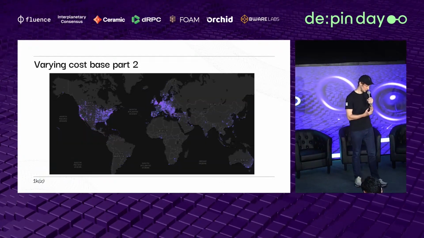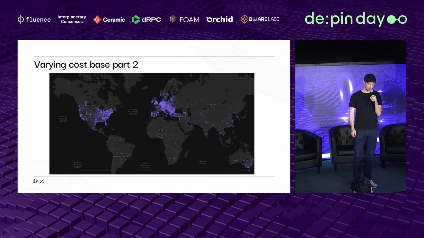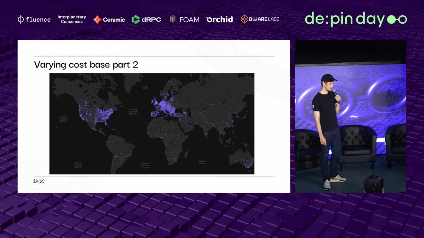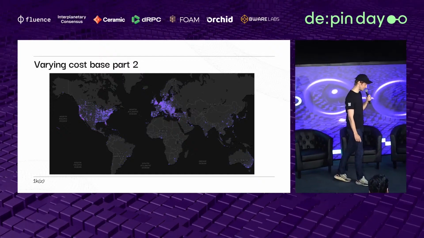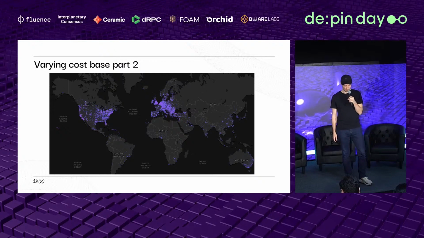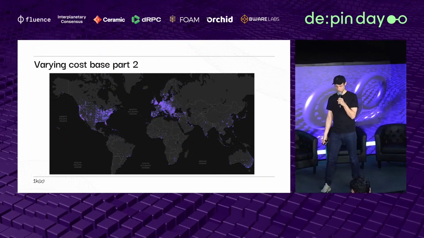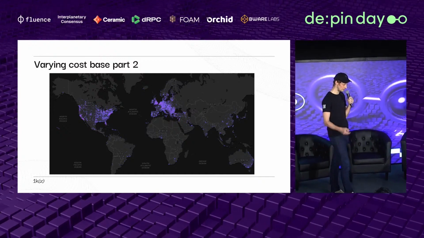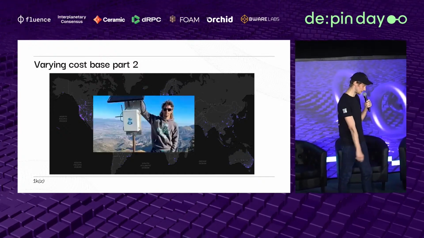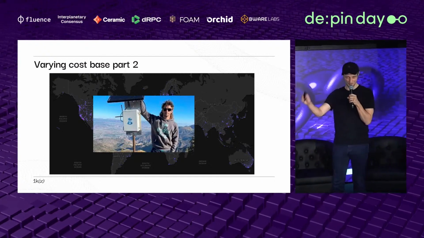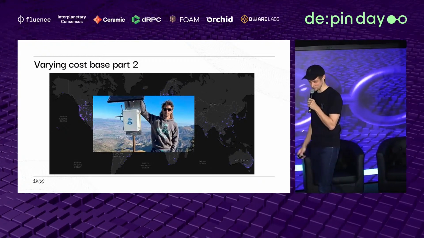Well, we mentioned labor cost earlier, and DePIN is global. So yeah, good luck coming up with some common wage assumption. Actually, in our framework we did one, but I'll talk more about this later. And another issue is guys like this. That's Nick Hawks. Shout out to the DePIN State podcast, a really good one.